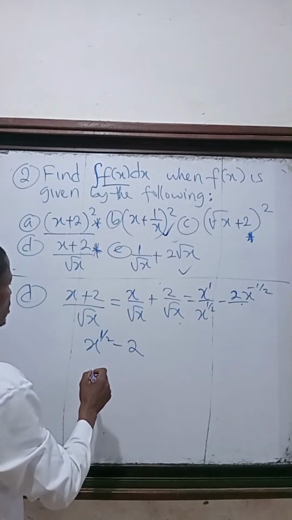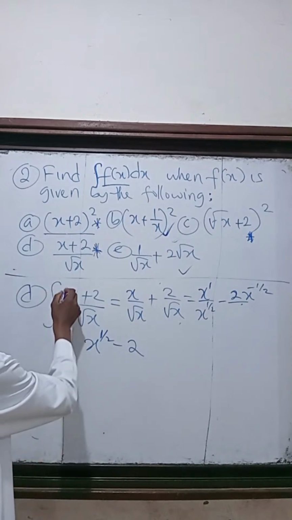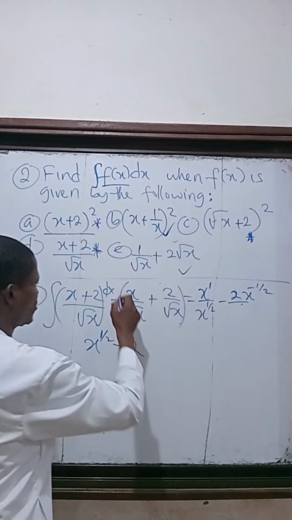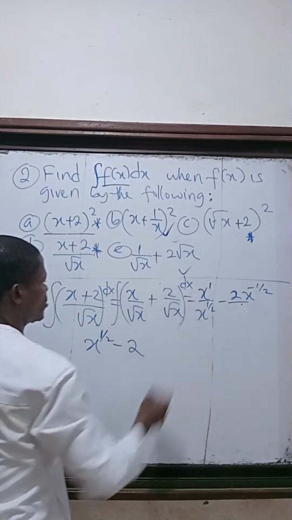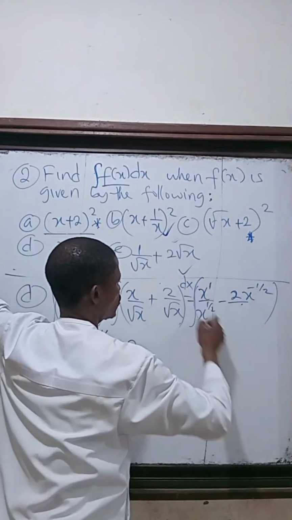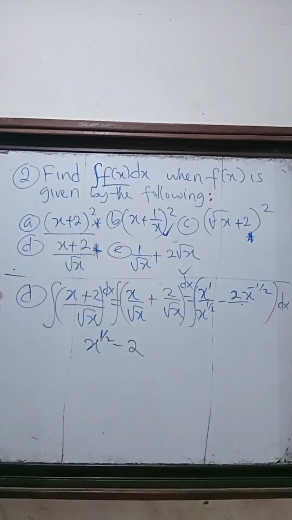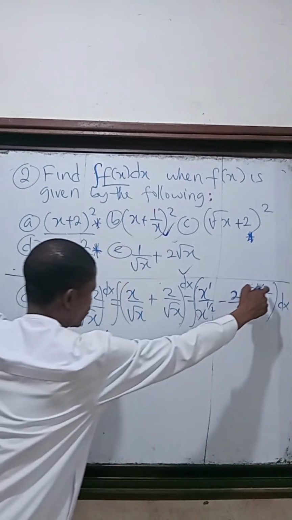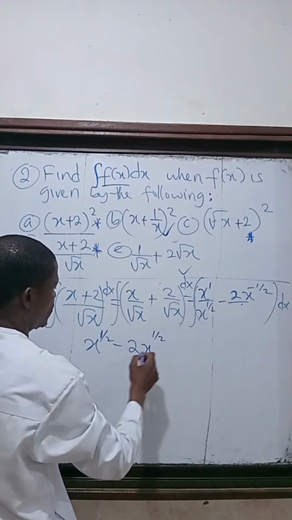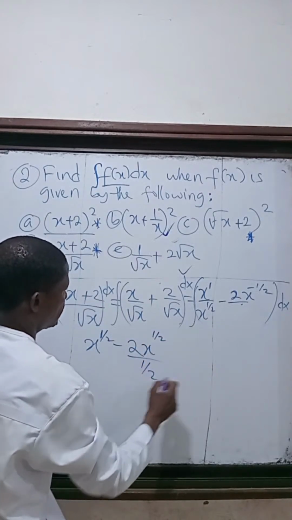Let's begin to introduce our integral sign. Put your dx there. So this one, plus 1, that's 2x to the power half over half.